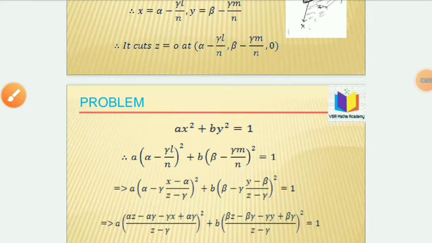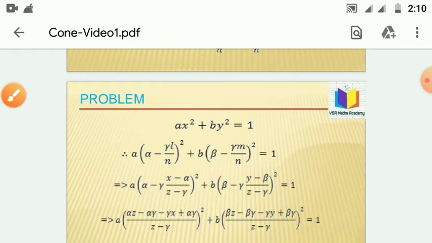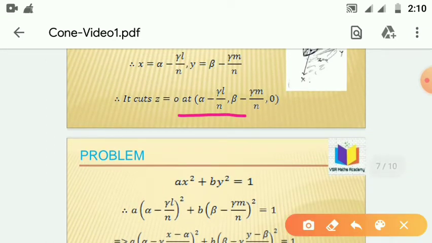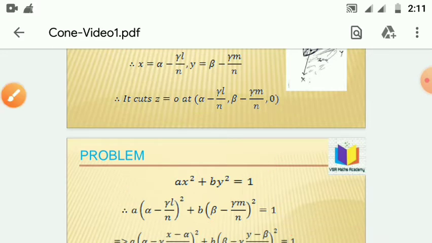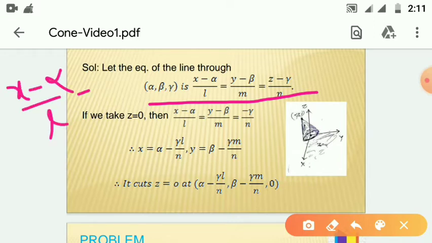So by substituting these coordinates in this equation, we will get: a into (alpha minus gamma l by n) whole square plus b into (beta minus gamma m by n) whole square is equal to 1. From this we can write (x minus alpha) by l is equal to (z minus gamma) by n.